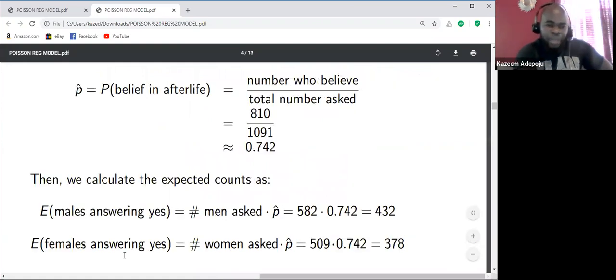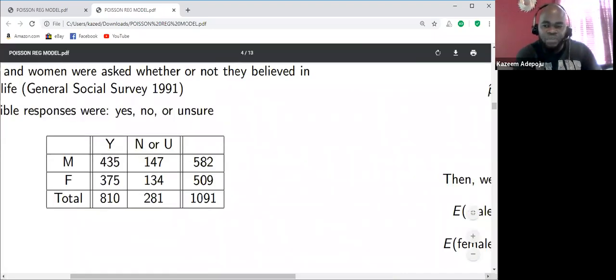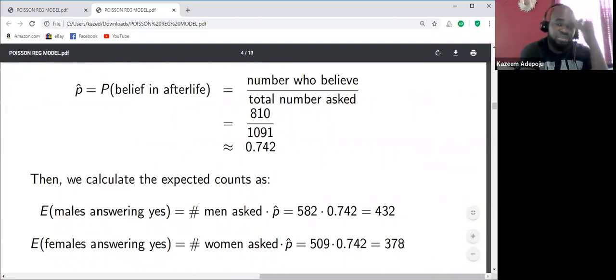The same thing is also applicable to women. To figure out the expected value for women answering yes, it's the number of women multiplied by that same probability, and that will give us 378. If you go back to the observed for women, it is 375, but the expected for women is actually 378. Just to show you there's a difference between expected and observed.